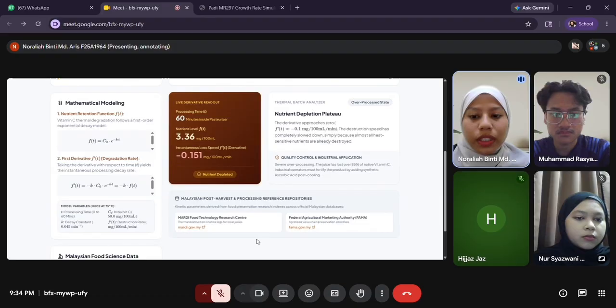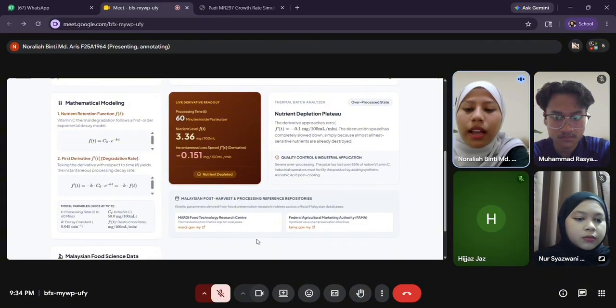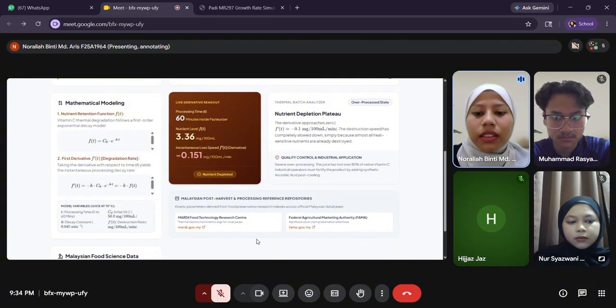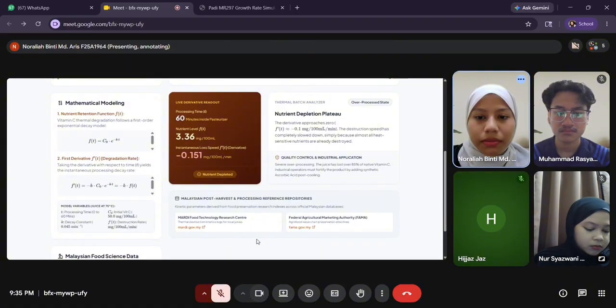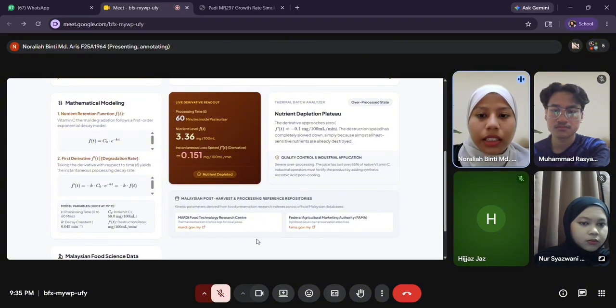To find the exact speed of decomposition at any given split second, we click and calculate the first derivative. This presents our instantaneous processing decay rate.